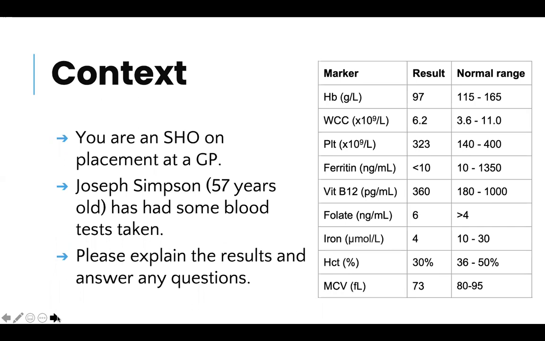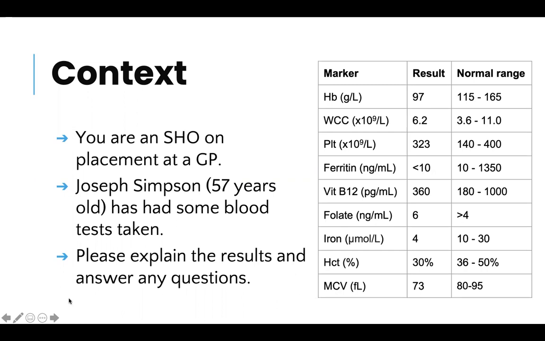So you're an SHO at a GP, and Joseph Simpson has had some blood tests taken. Let's go through the results again together. So Hb is low.